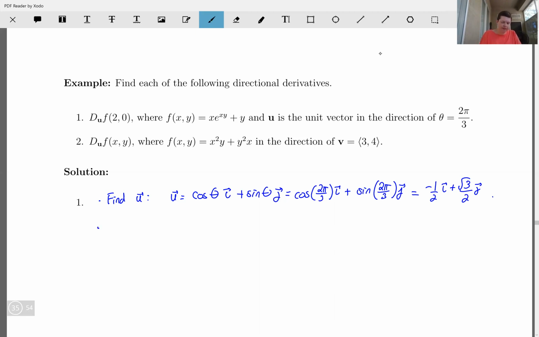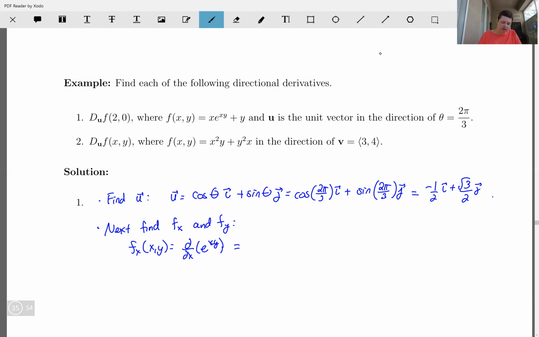Next, we have to find the partials with respect to x and with respect to y of our function. So the partial of f with respect to x, where we take the derivative with respect to x. Remember that we're going to have a product rule in the first term, and the second term is 0 when we take the partial with respect to x.